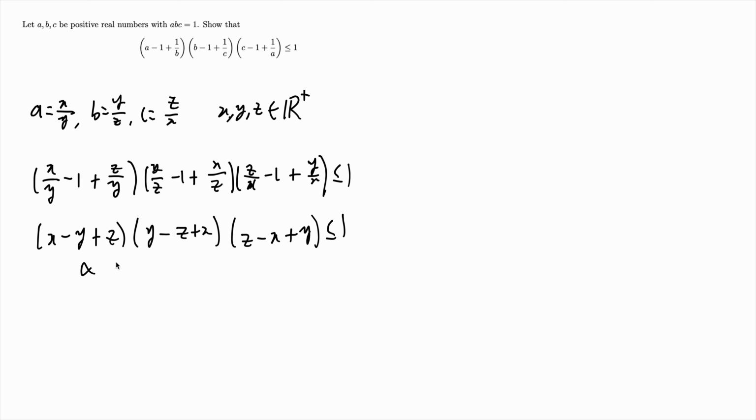Should we call these alpha, beta, and gamma? Oh, this is x, y, z. Oh my goodness.